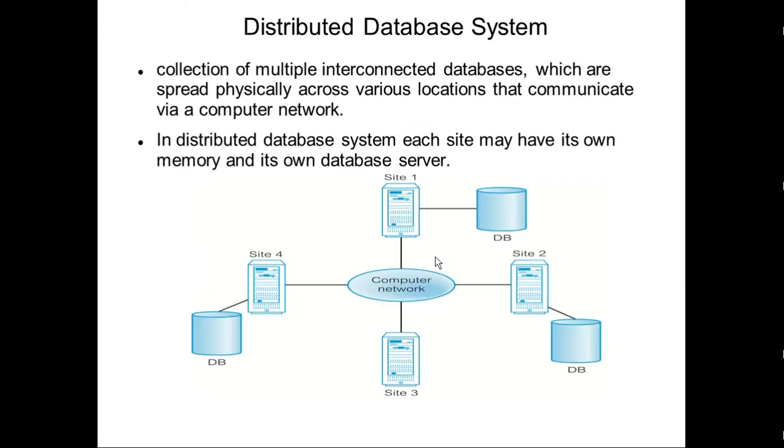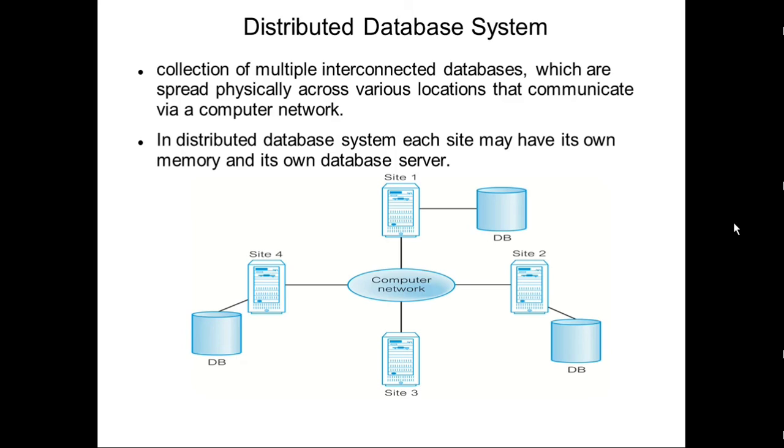Then the next is the distributed database system. Distributed, as the name suggests, means it is distributed. A distributed database system is a collection of multiple interconnected databases which are spread physically across various locations and that communicate via a computer network.